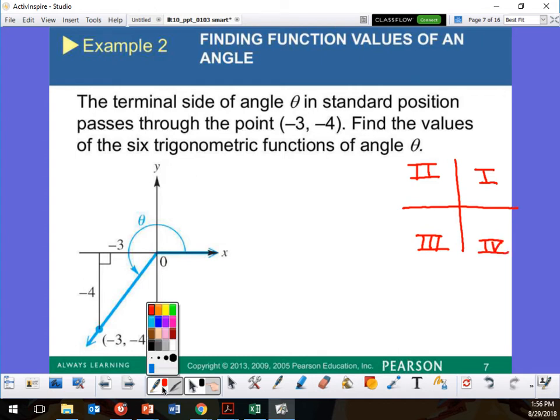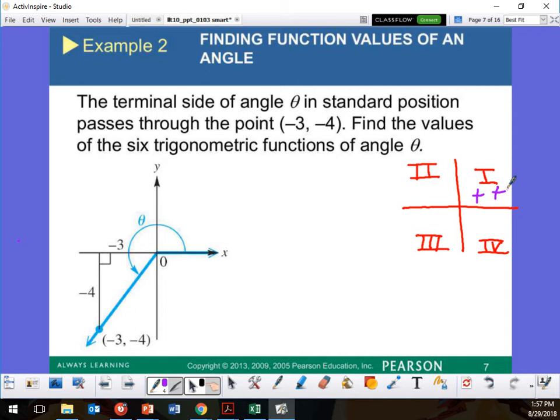Now, the information I'm giving right now is going to be so beneficial, you're going to be like, oh yeah! Okay, in quadrant 1, what do I know about my x and y values? Positive. So I have positive, positive, right? In quadrant 2, negative, positive.